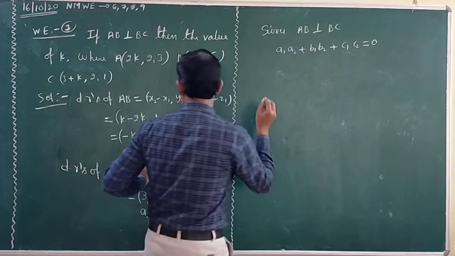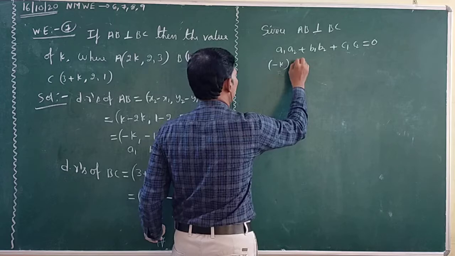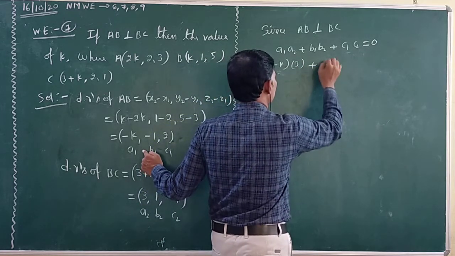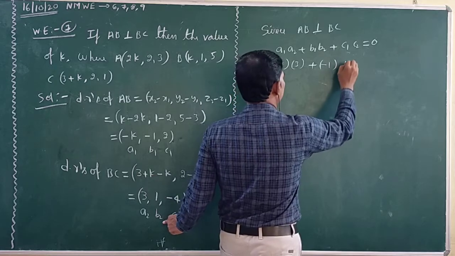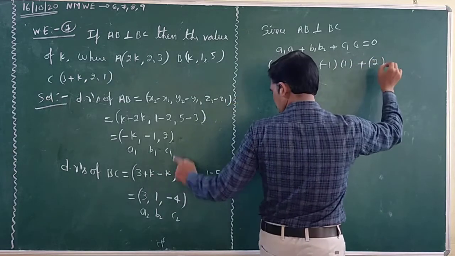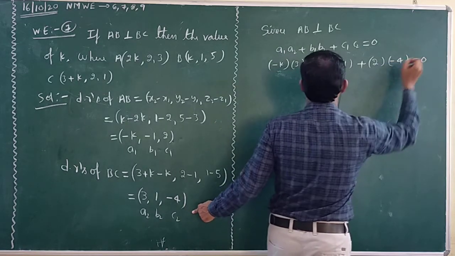Substitute here, A1 means minus k, into A2 means 3, plus B1 means minus 1, B2 means 1, plus C1 means 2, C2 means minus 4. That is equal to 0.